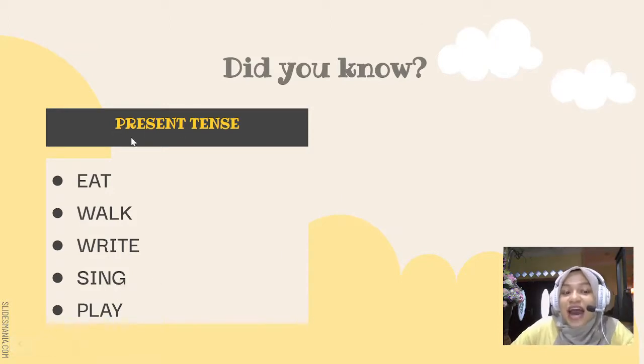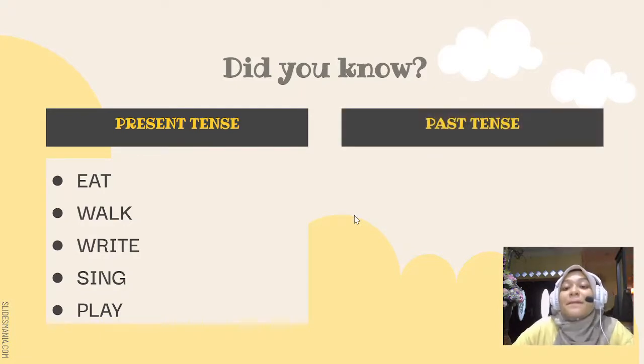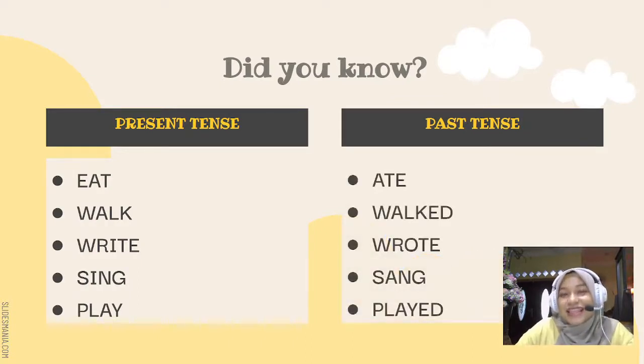So this is how we usually write the verb, am I right? But when it becomes past tense, the spelling is a little bit different from the usual. As we can see here, eat becomes ate, walk we put ed, write becomes wrote, sing becomes sang, play becomes played.